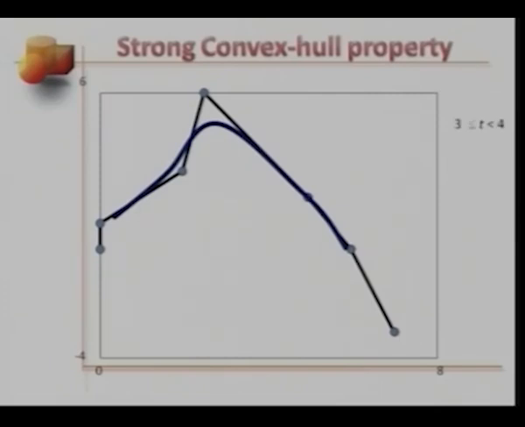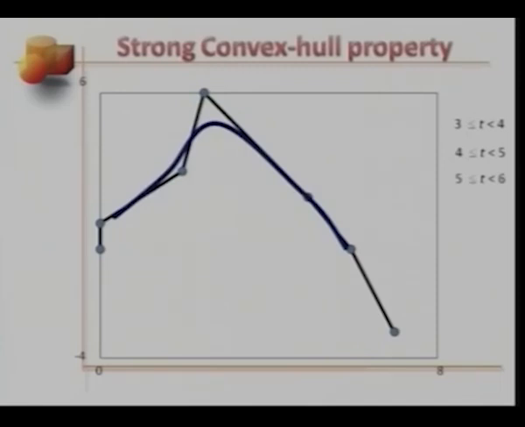For values of t in between 3 and 4, a part of the curve will be enclosed within this convex hull defined by the first 4 design points. For t in between 4 and 5, the second knot span, a part of the curve will be now enclosed within the convex hull defined by B1, B2, B3, and B4.